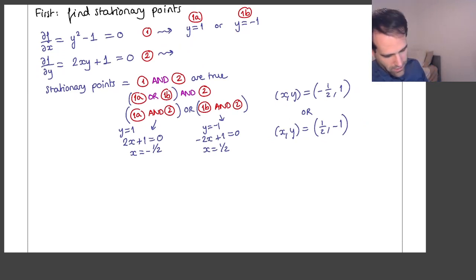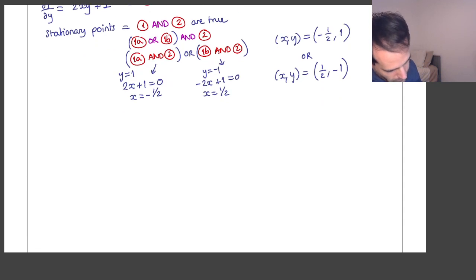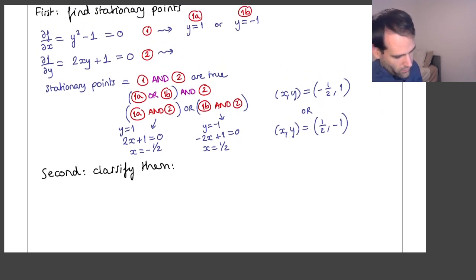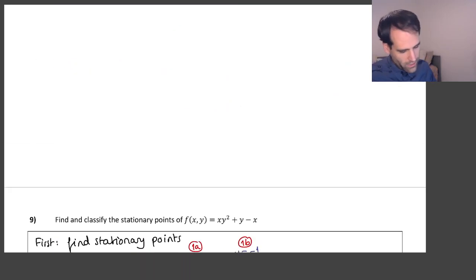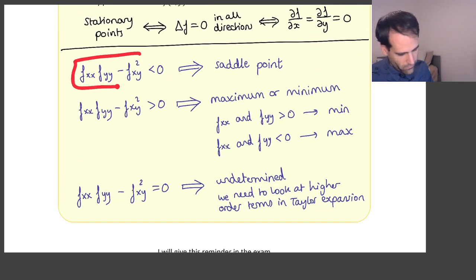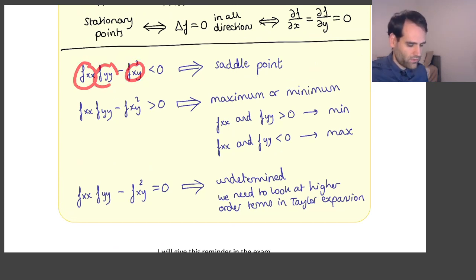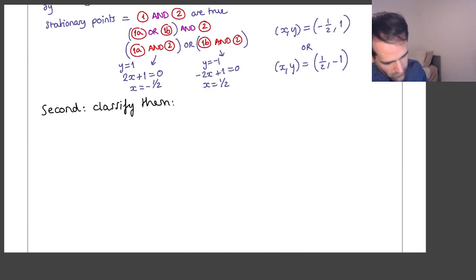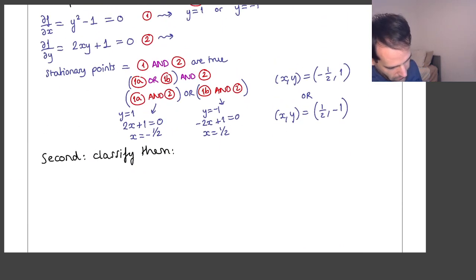Next, the second step is to classify them. In order to classify them, we need to calculate this, and in order to calculate this, we need to calculate the second order partial derivatives. So fxx is the partial with respect to x of the first order partial derivative, which is y² minus 1.